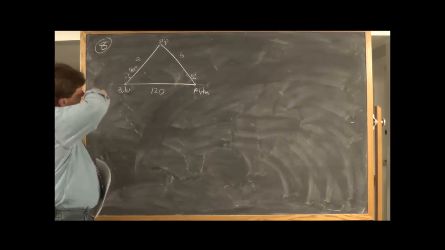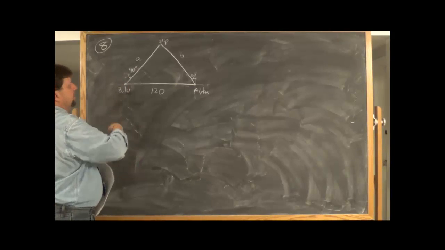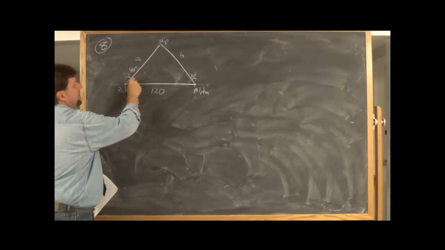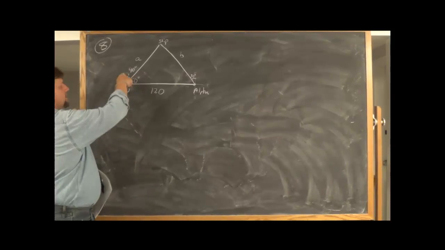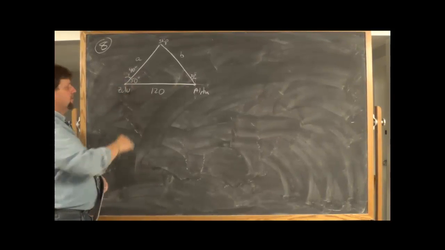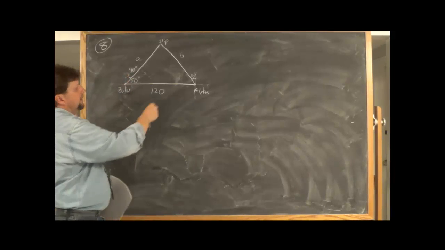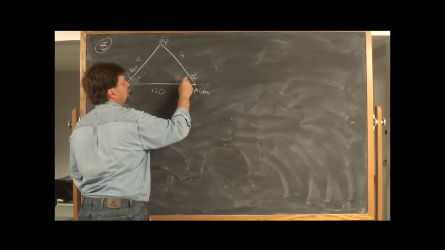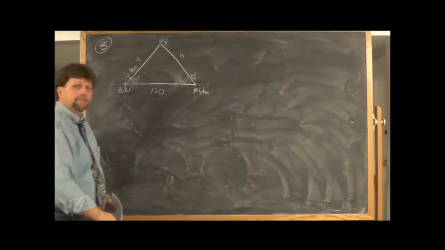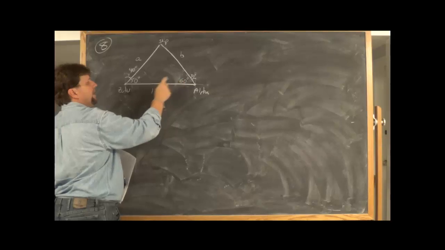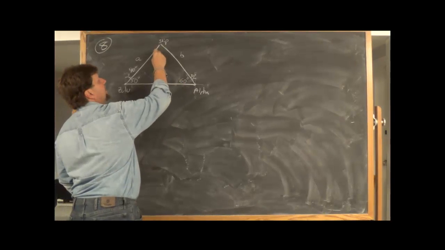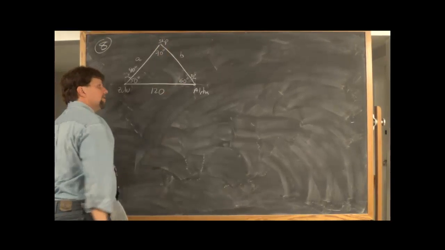Now let's see. We have this as 40 degrees. I think this angle here, well, it better be 50 degrees because it's a 90 degree angle from north to east. Likewise, this angle here is 60 degrees, which means this angle up here, if I add those two angles together and subtract from 180, I get the angle up there is 70 degrees.